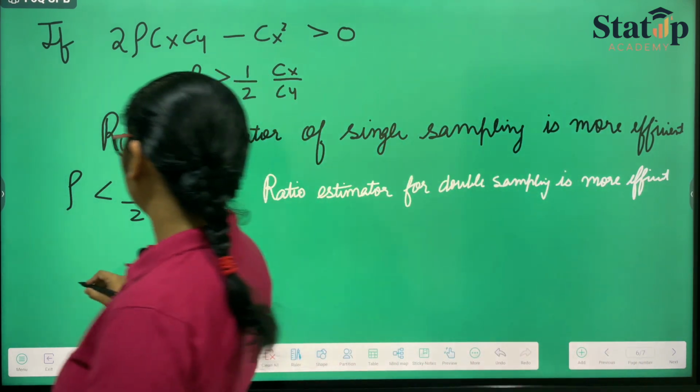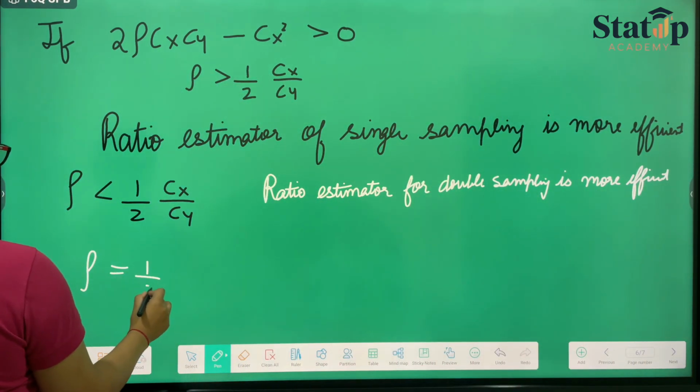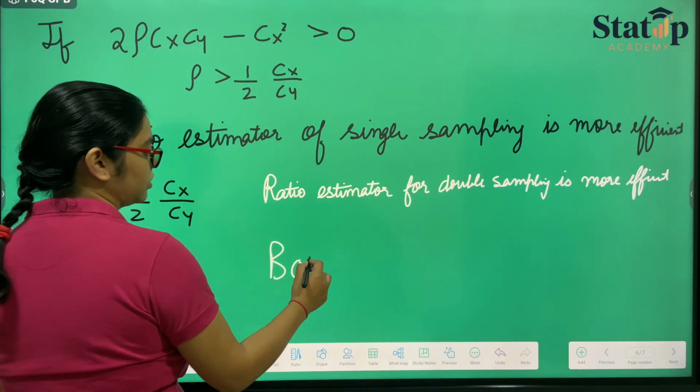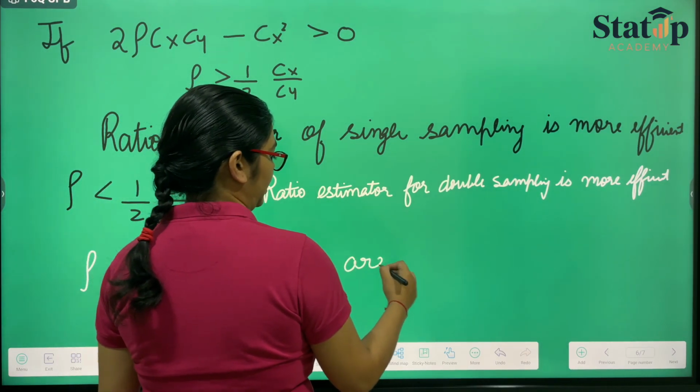And if rho is equal to this, both are equally efficient.